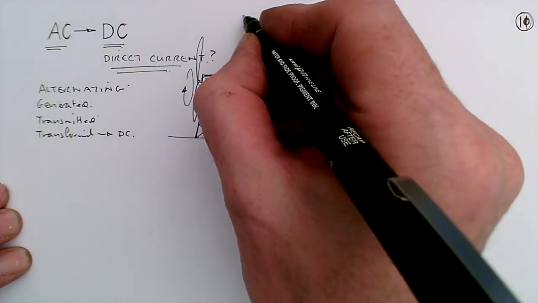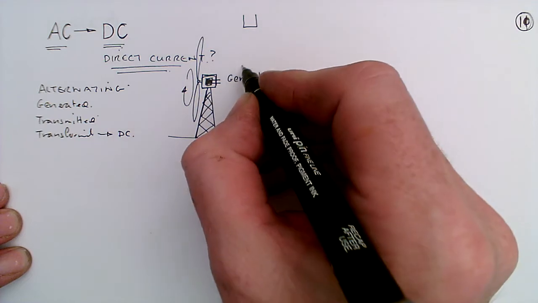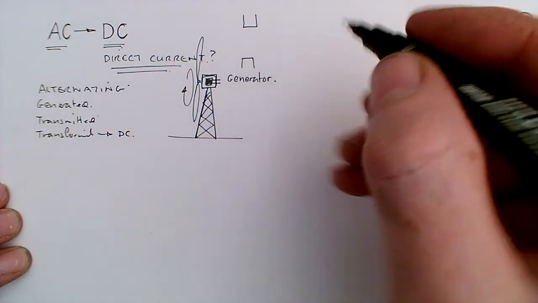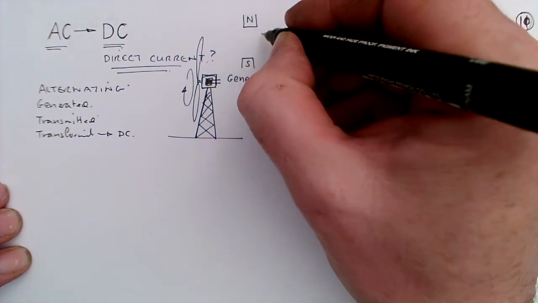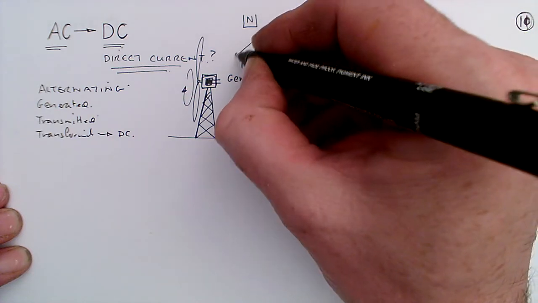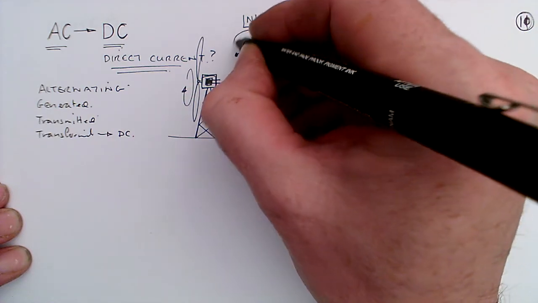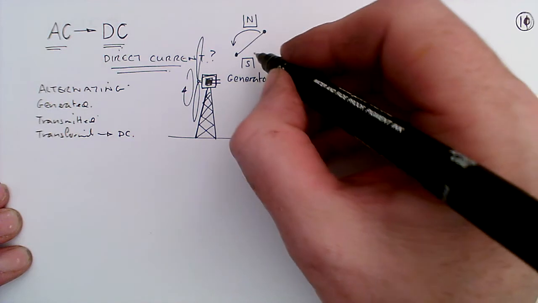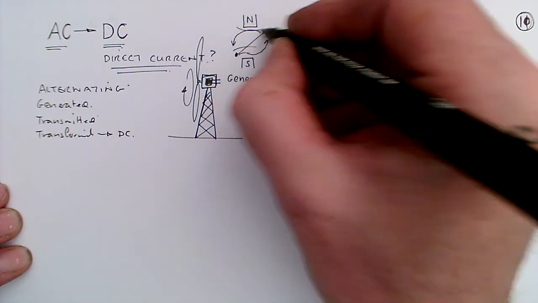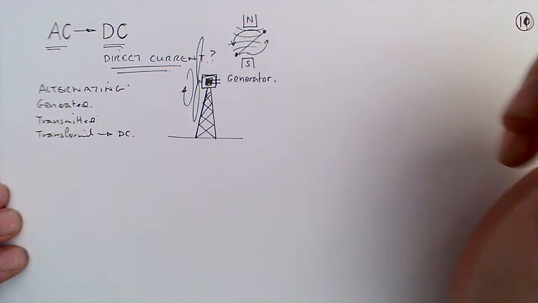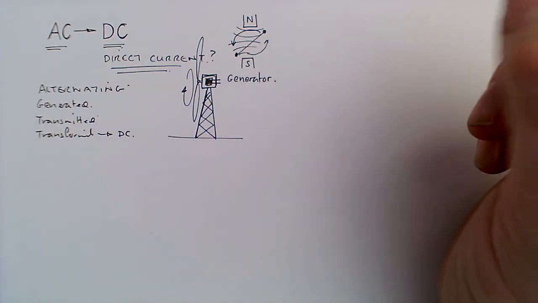In its simplest terms, generators and motors are very similar, and they operate on a principle of a rotating coil passing through a magnetic field. Now, if you go on to do A-level, this is something that you'll deal with in a lot more detail.